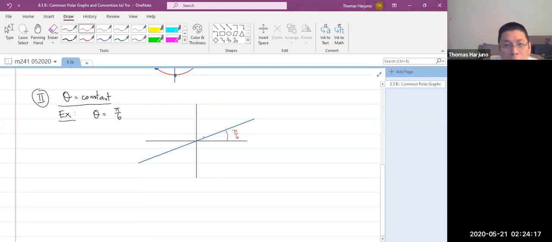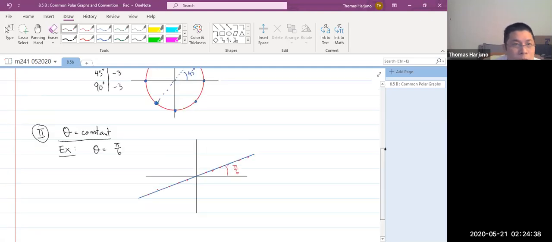So in that direction, the radius may be positive, or if the radius is negative, you go that way. Now, what is this equation in the rectangular system?